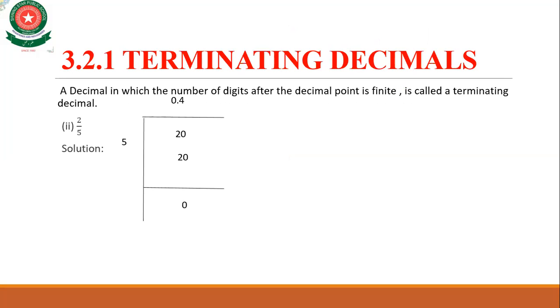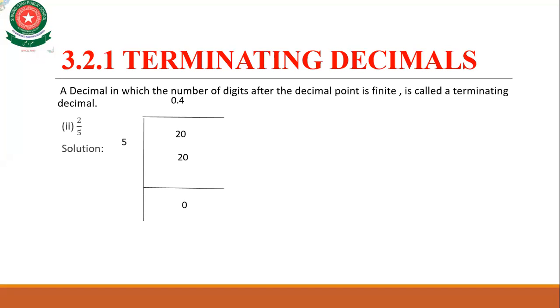Or you may say that it is a decimal in which we divide the whole equation completely. Okay. Now, for example, we have 2 by 5.